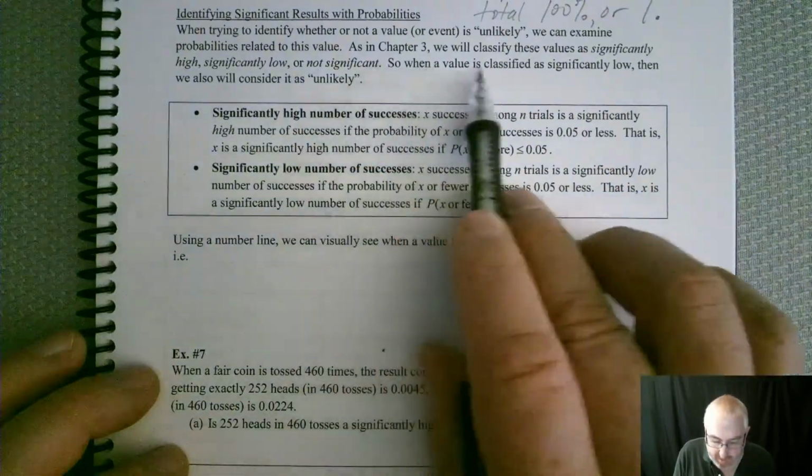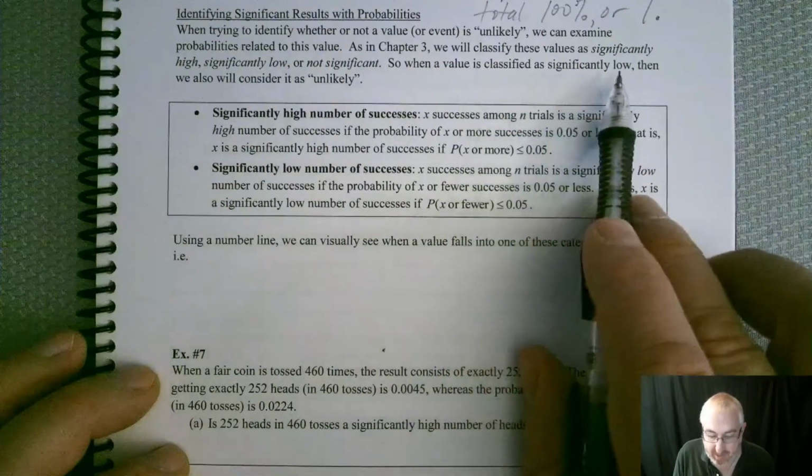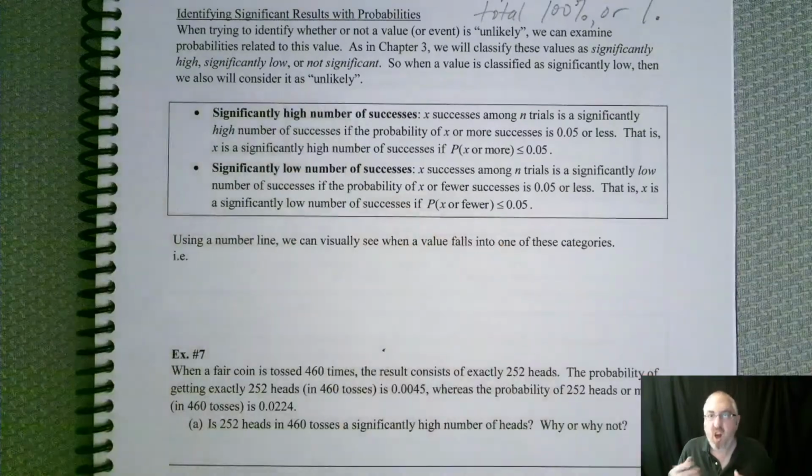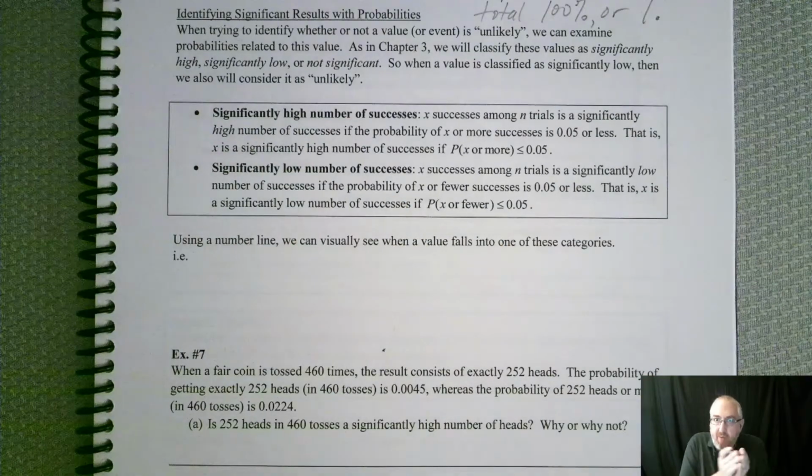So when a value is classified as significantly low, then we will also consider it unlikely. So it's unlikely to happen if you have a really low probability. That's the way you need to think of that. So if it's significantly low, that means it has a low probability, so it's unlikely to happen.